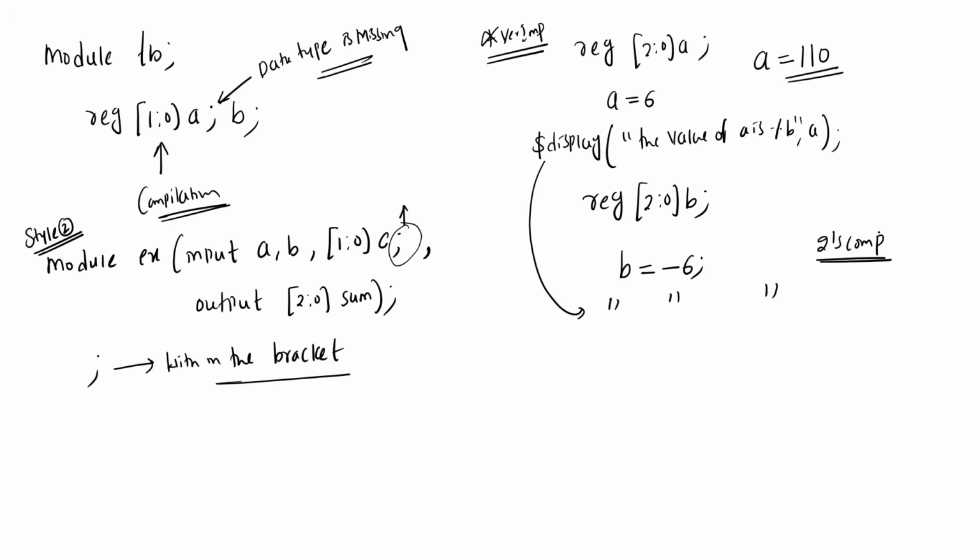Because two's complement maintains the same size. It is another way to store the number. In the case of one's complement, there is an issue with zero.